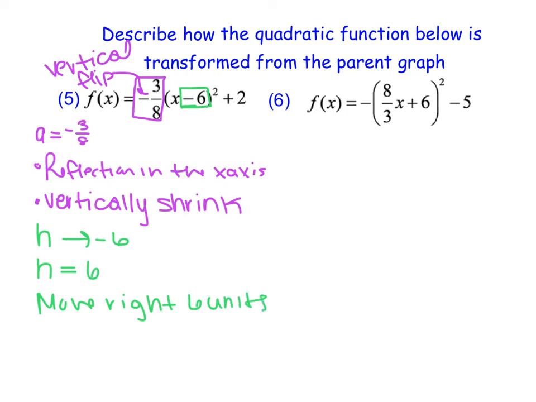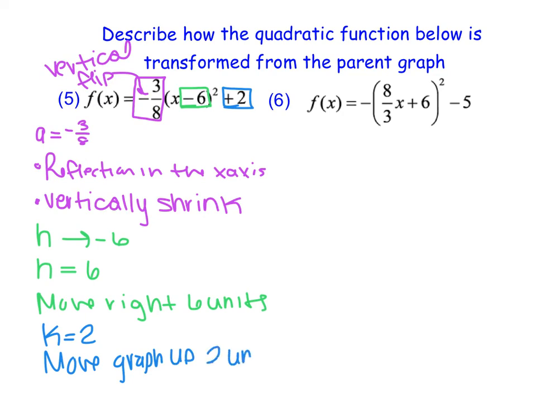And then last but not least, out here on the outside, we have our k value. And our k value here is equal to 2. And as a result of that, that is our vertical movement. So we're going to move the graph up 2 units.